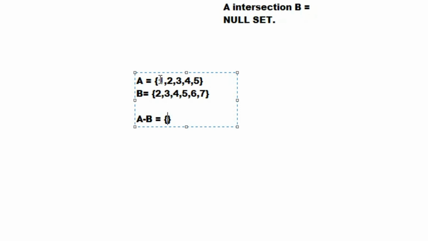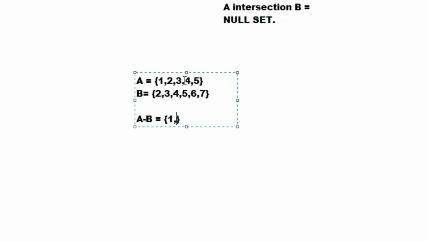Like here you can see that we have to write all the elements that are present in A but not in B. So we will write 1 here. There is 2 in A set and 2 in B set, so we will not write 2.